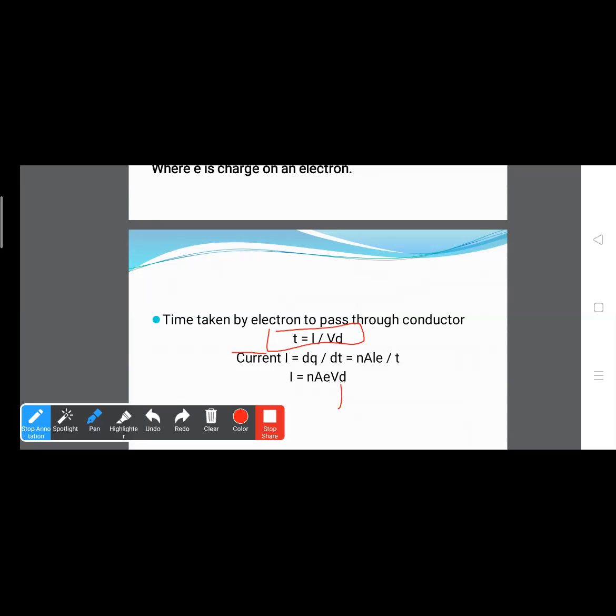On putting the values, I equal to nALe upon t, so it is given by I equal to nAeVd. This is the relation between current and drift velocity.